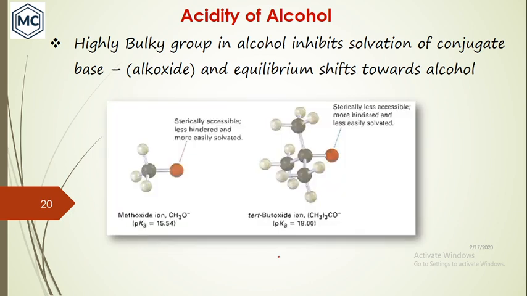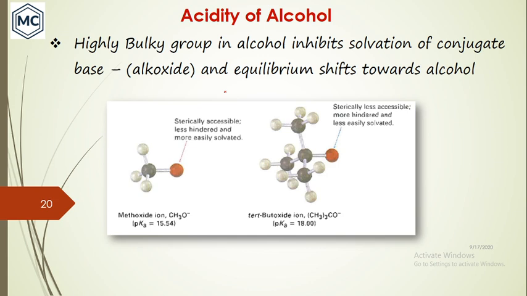One factor is that a bulky group in alcohol can inhibit the solvation of the conjugate base. Usually the conjugate base can be stabilized by solvation with water or other solvents.